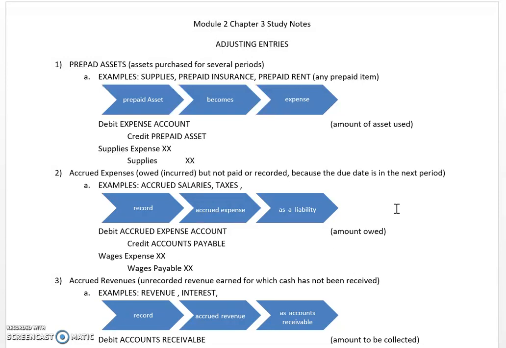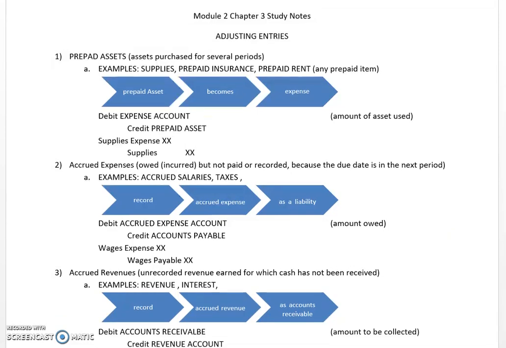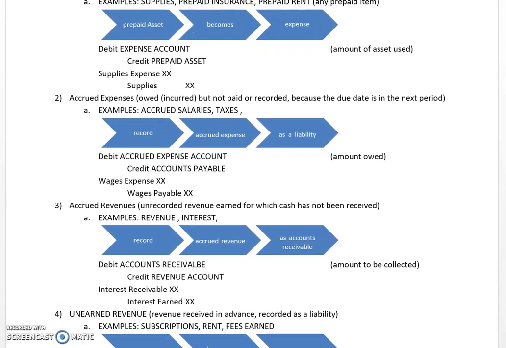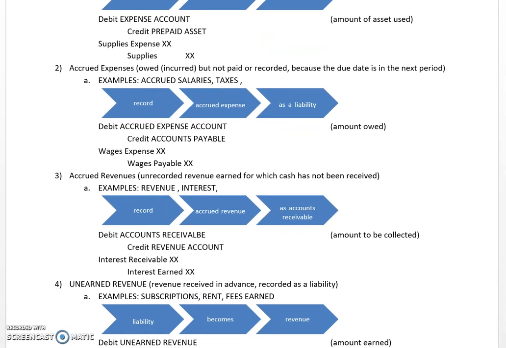So we would owe them $300 for Monday, Tuesday, and Wednesday, so we would debit wage expense for $300, and we would credit wages payable for $300, and that would be the adjusting entry. So once again, we are adjusting for wages that we've incurred but not yet paid because the due date doesn't happen until the next month or the next accounting period.